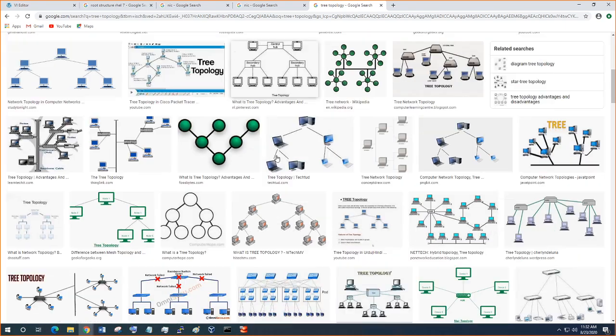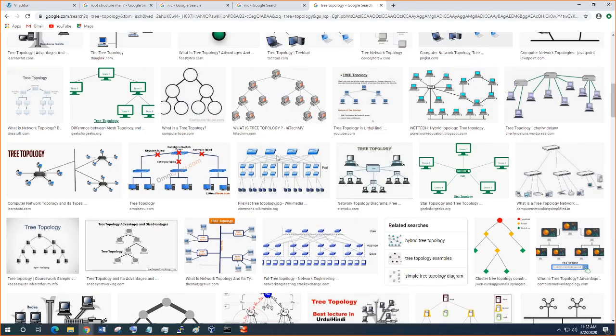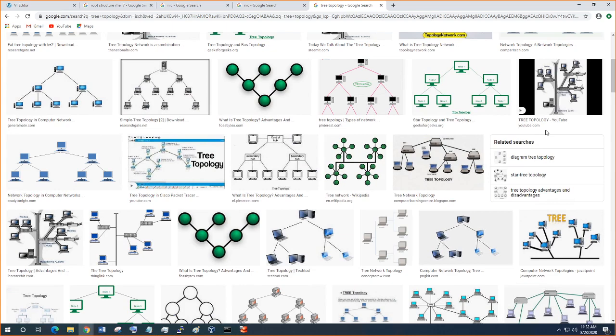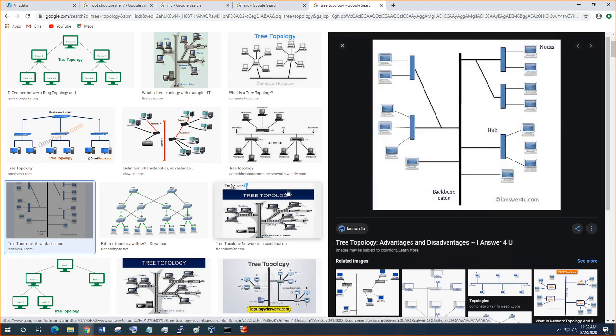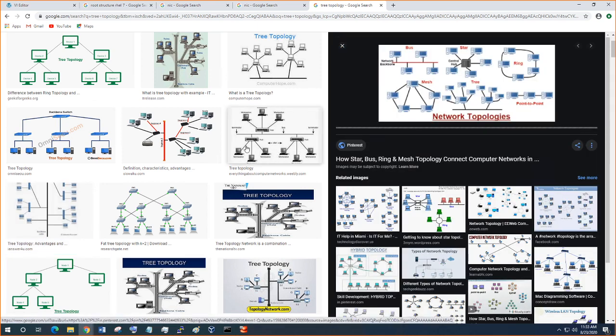I want to see some routers in here. Top, okay, right. If you go to the top right corner, keep going. Right there, this one. Underneath. Oh, this one. Tree.